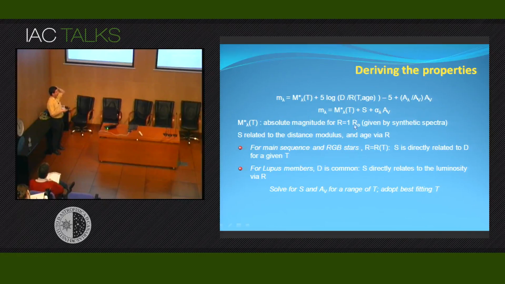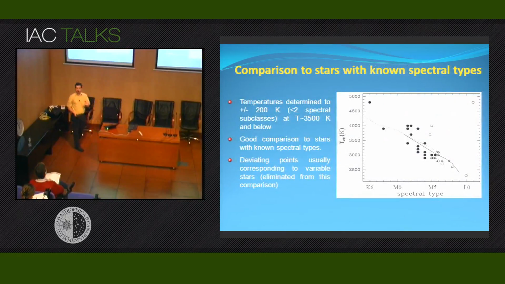Does it work? Well, our numerical experiments show that the temperature in this way can be determined, and we can see large differences in the residuals if we change the temperature by plus or minus 200 degrees. We can check that not only from the numerical experiments, from the quality of the fits, but also by comparing our results to the spectral types determined for the already known members of the star-forming region.